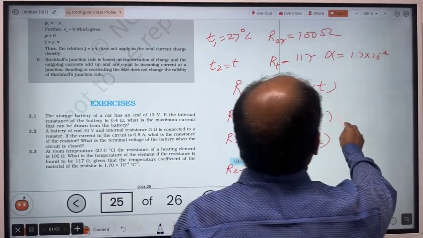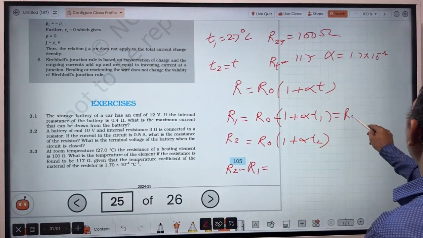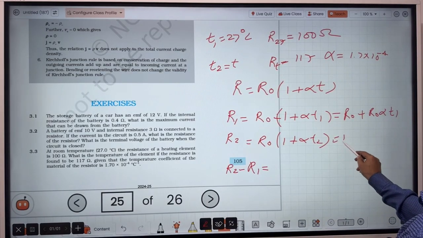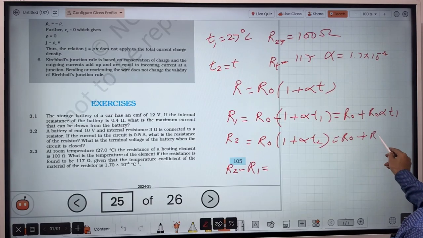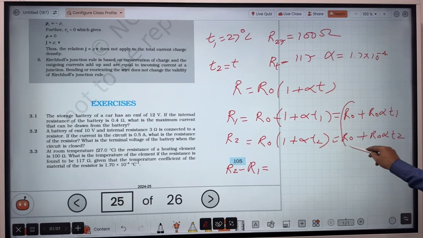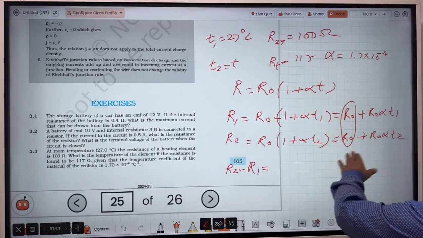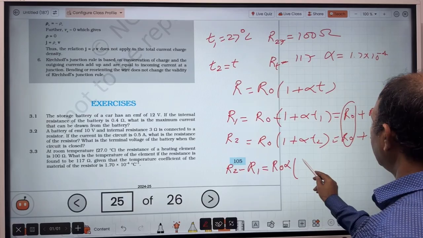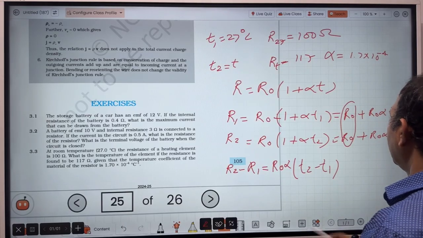If you open the bracket, it will become R0 plus R0 alpha T1, and this will become R0 plus R0 alpha T2. So if you subtract, these two R0 terms will cancel out. So it will be R0 alpha times T2 minus T1.